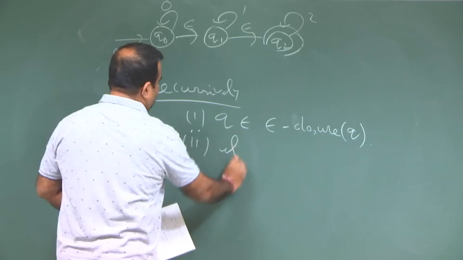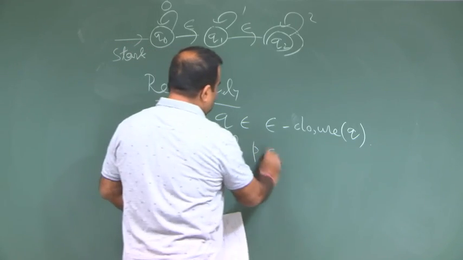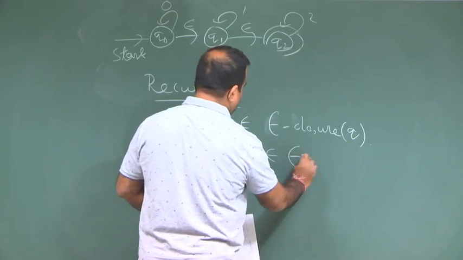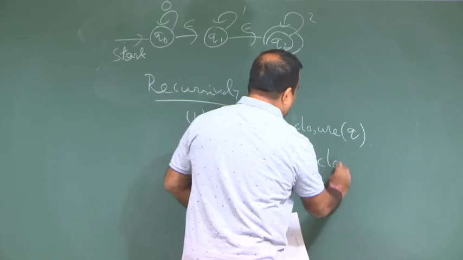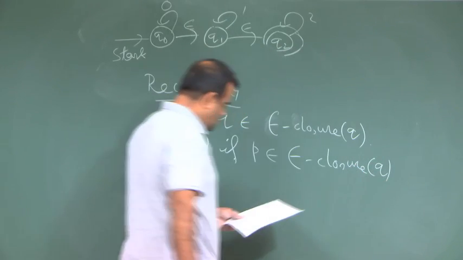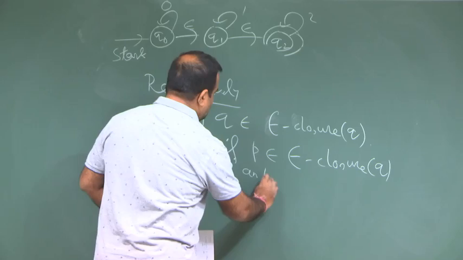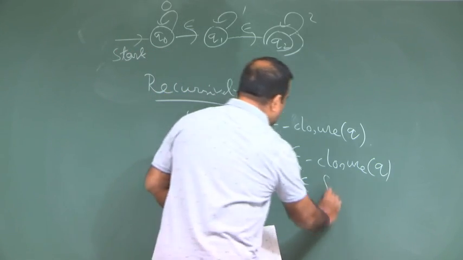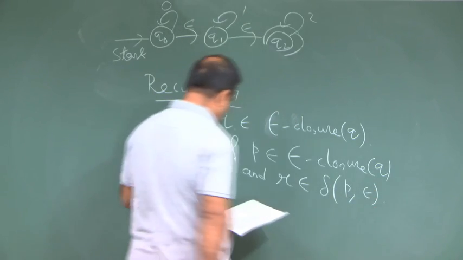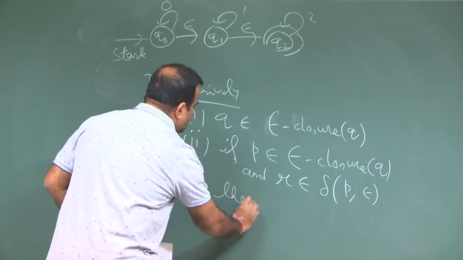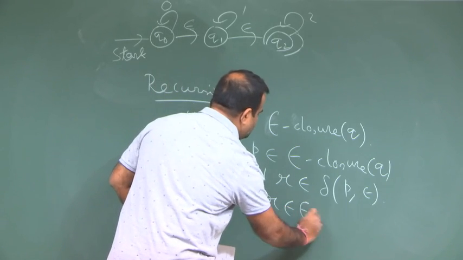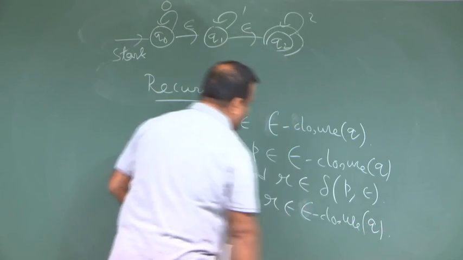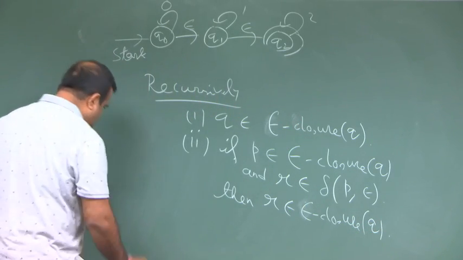And if p belongs to epsilon closure of q, and r belongs to delta of p comma epsilon, then r belongs to epsilon closure of q. What is the meaning of this? The meaning is, suppose we are at q.